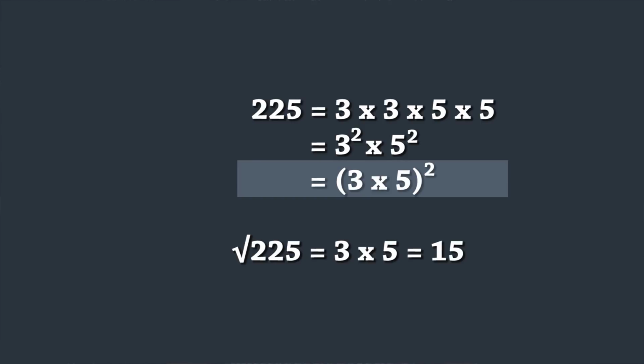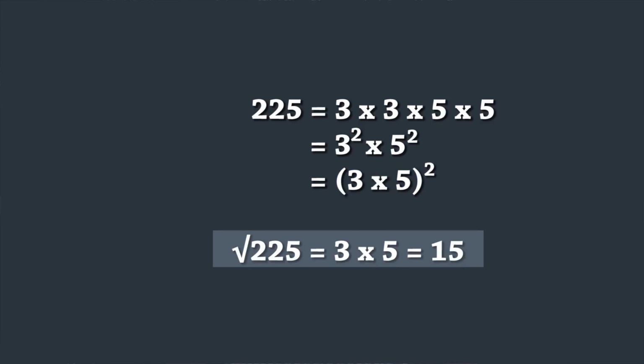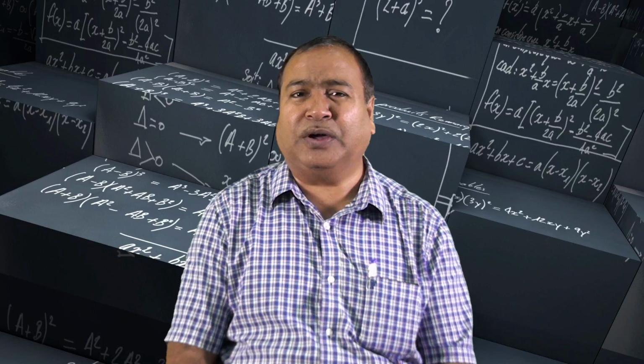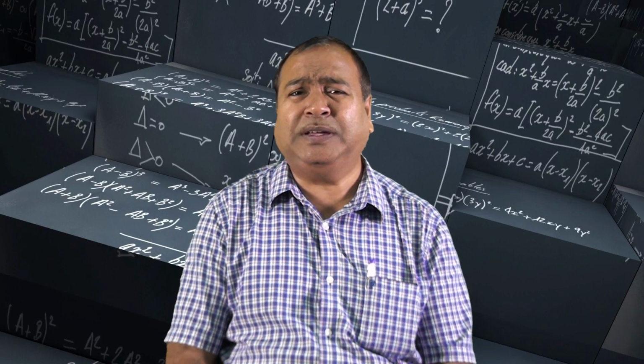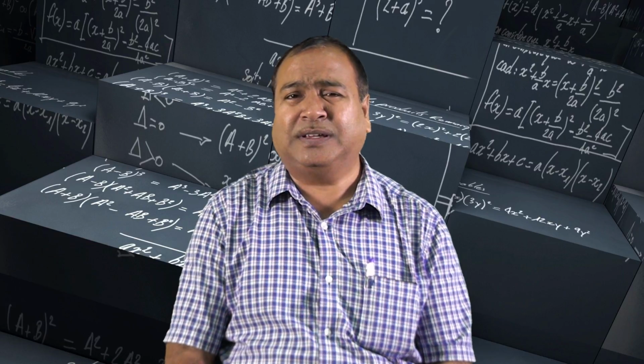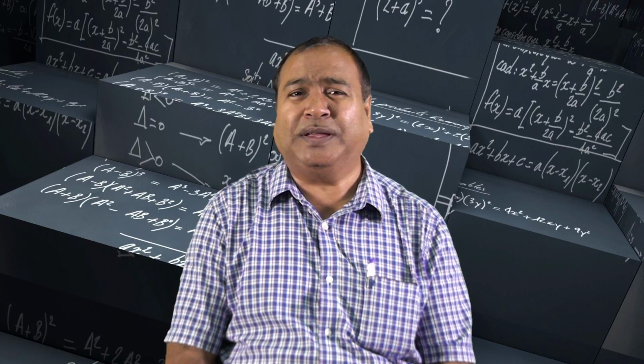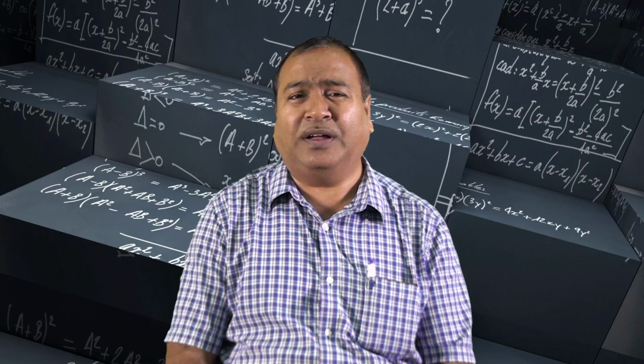Therefore, 225 is equal to 3 into 5 whole square, and hence square root of 225 is equal to 3 into 5, that is equal to 15. Hence, the square root of 225 is 15. Like that, by observing their prime factors, we can find the root by grouping them.